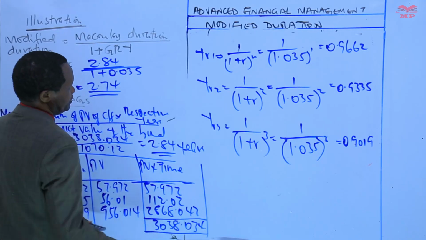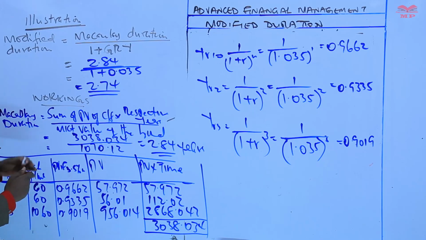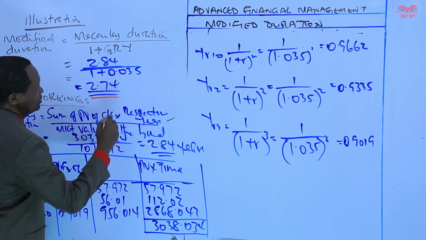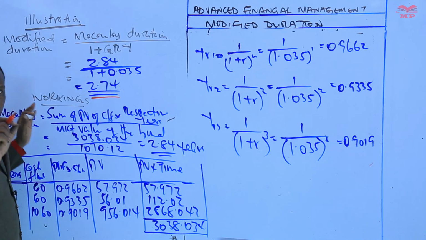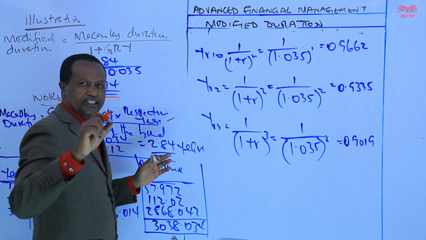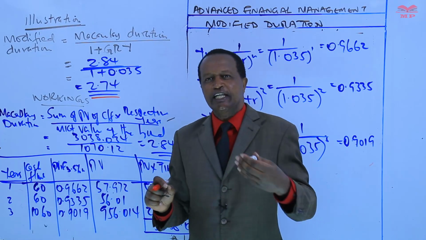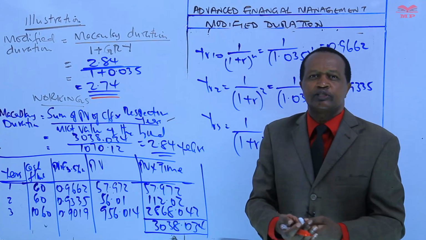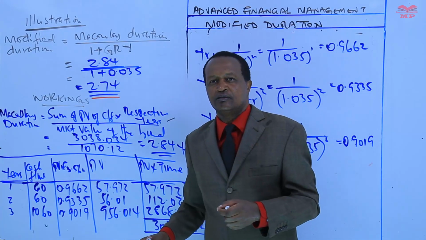Let me repeat, because the calculations may not make sense if one does not understand the meaning. What does it mean? We said in essence that modified duration translates the concept of duration into a practical and widely used measure of bond price sensitivity.